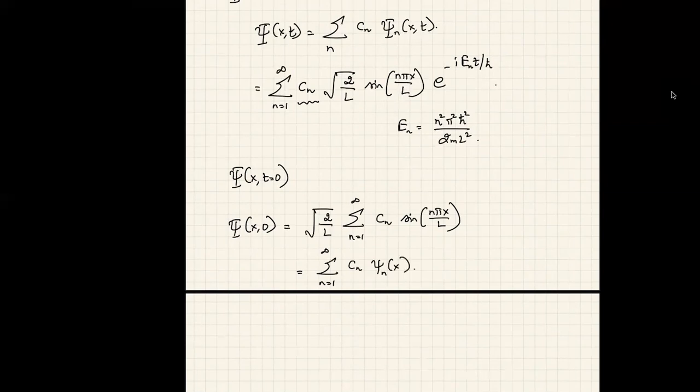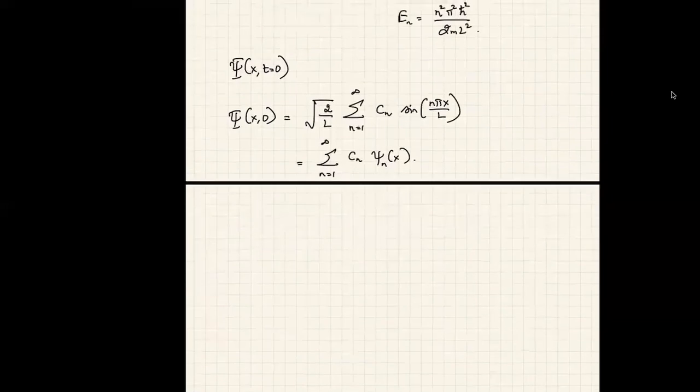Since I put time t equal to 0, e to the minus i En t over h bar simply gives me 1. So I am fitting the general solution psi of x,t that I have derived for this particular problem with the boundary condition that is given to me at time t equal to 0.